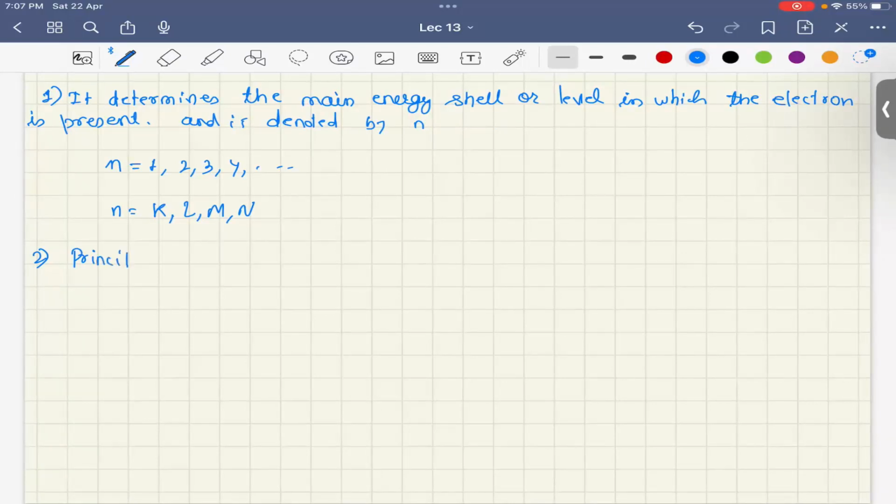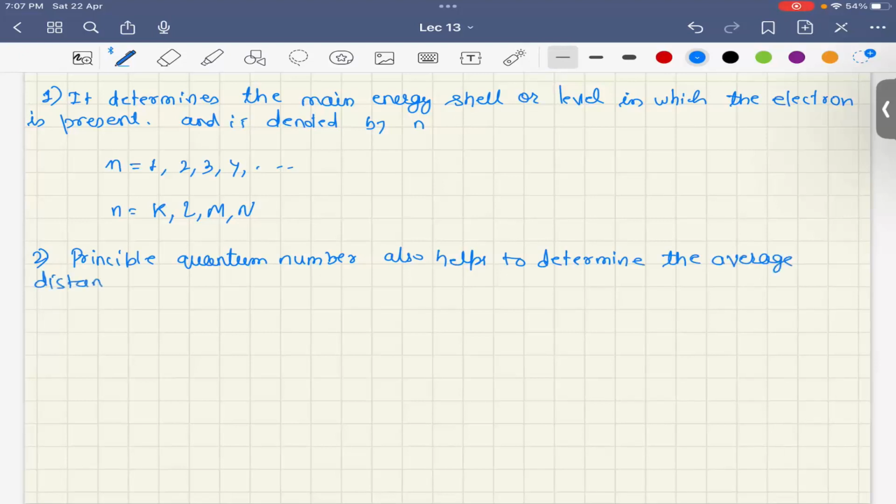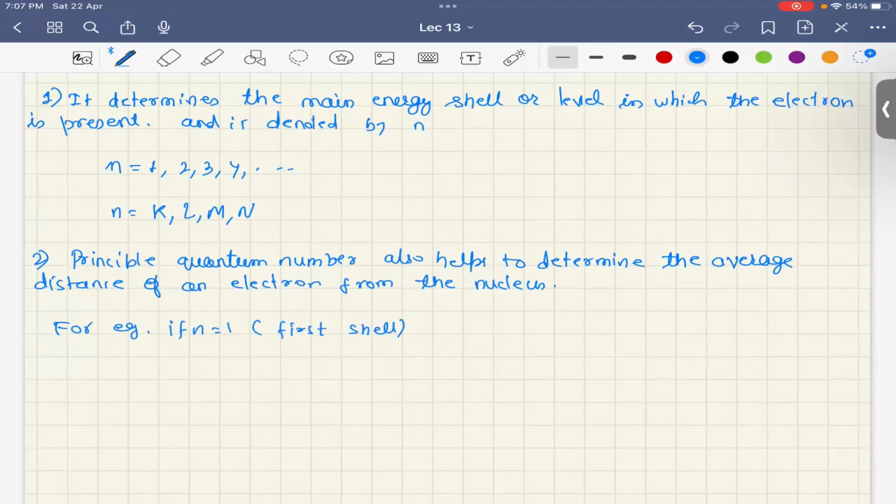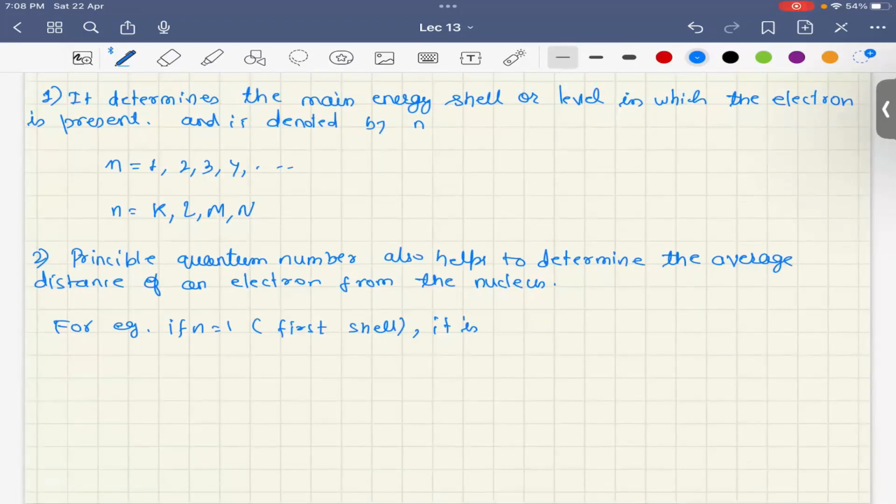The principal quantum number also helps to determine the average distance of an electron from the nucleus. For example, if n is equal to 1, that is the first shell, it is closest to the nucleus and has the lowest energy.